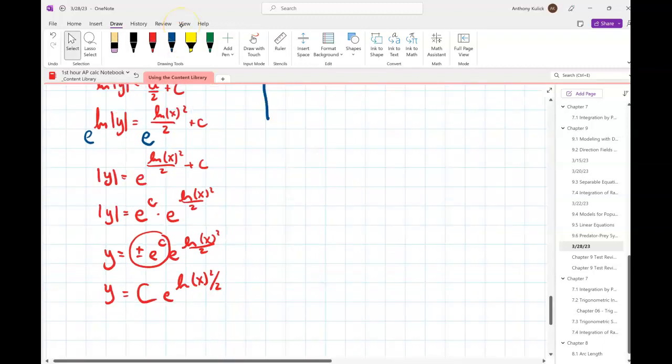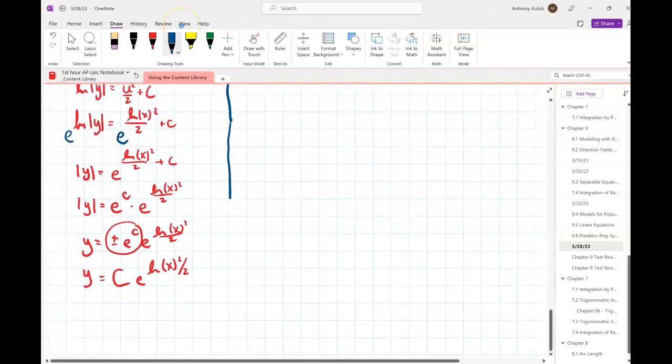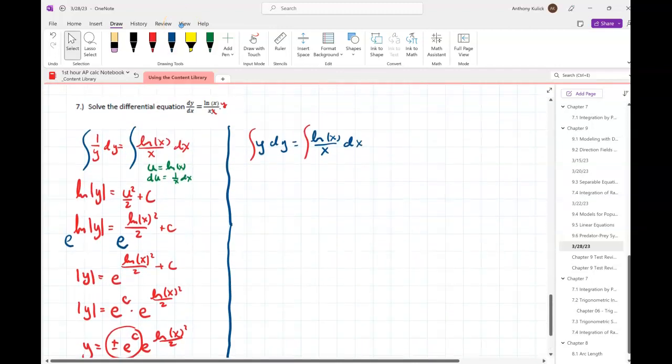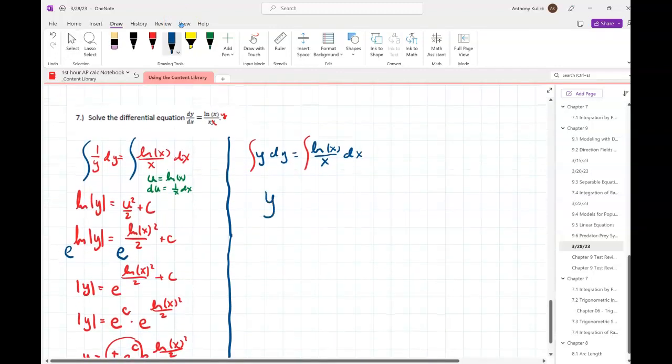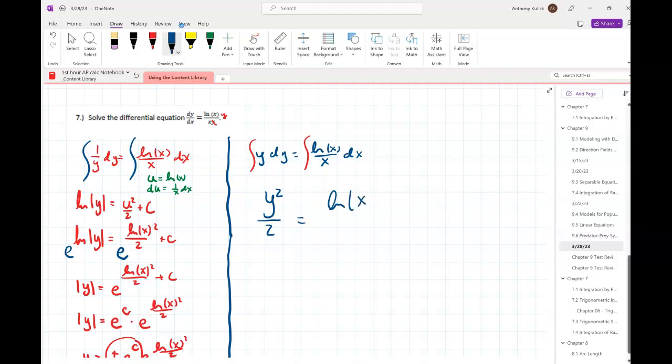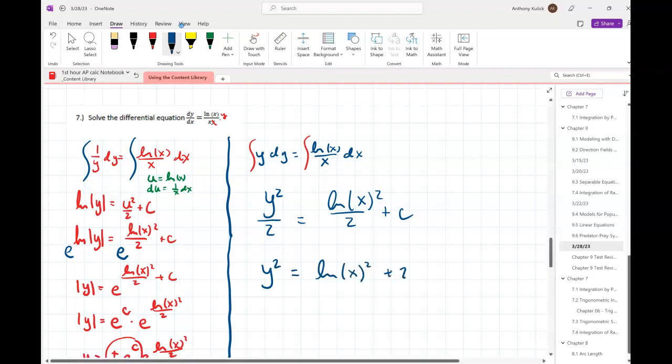Now if we had done it the other way, the only difference is that on the right-hand side, I'm going to get y squared over 2. So I'd multiply both sides by 2. But 2c is just c.